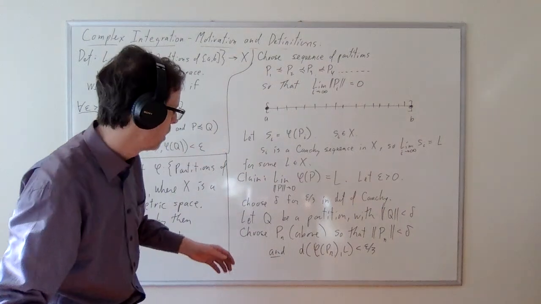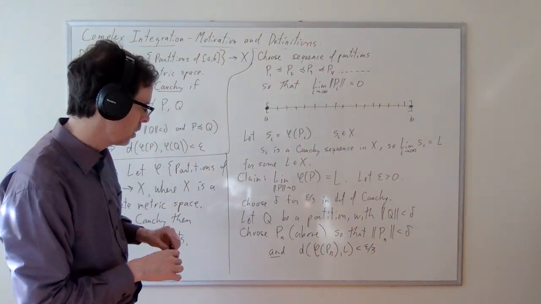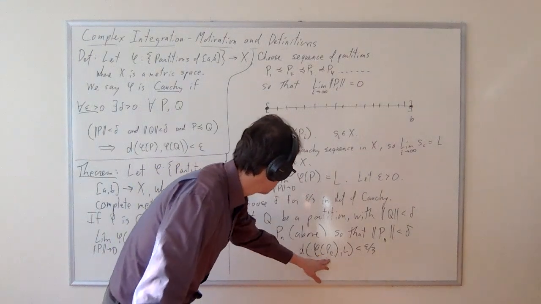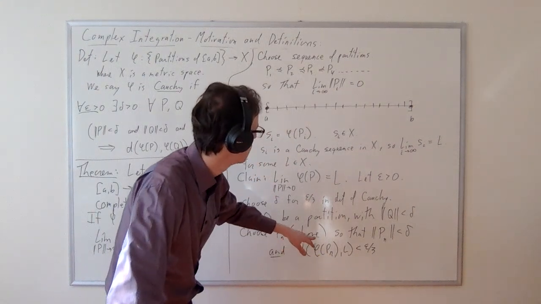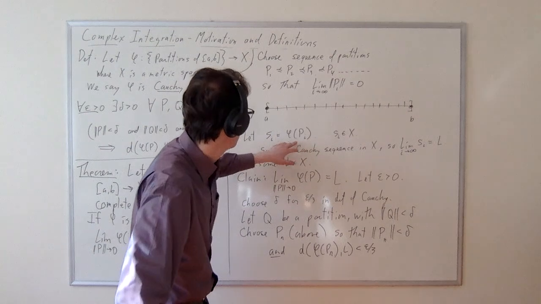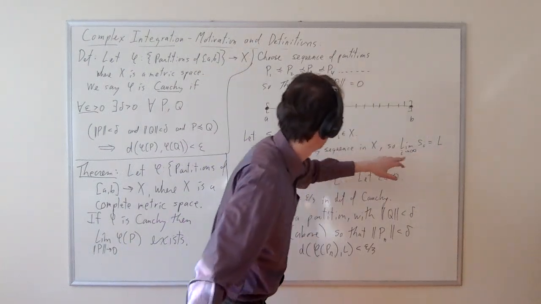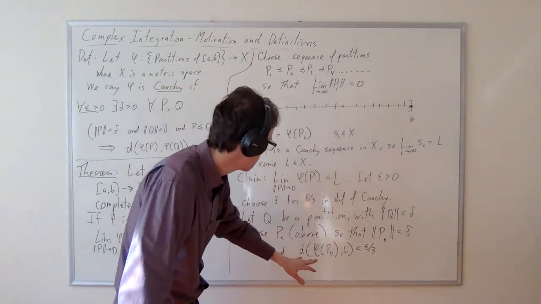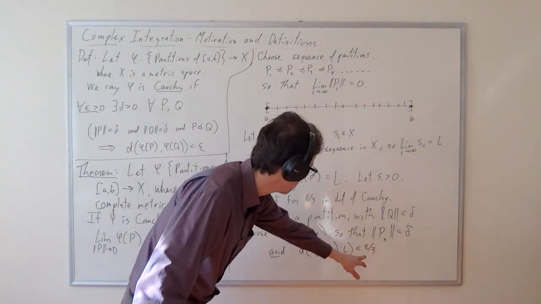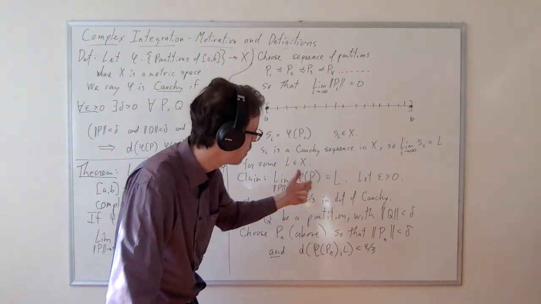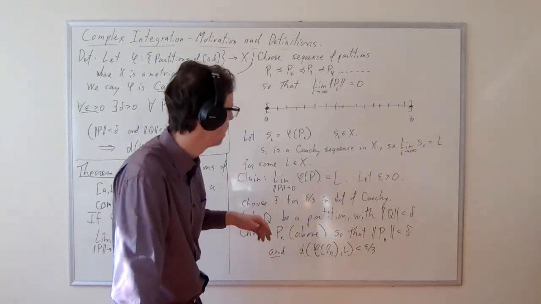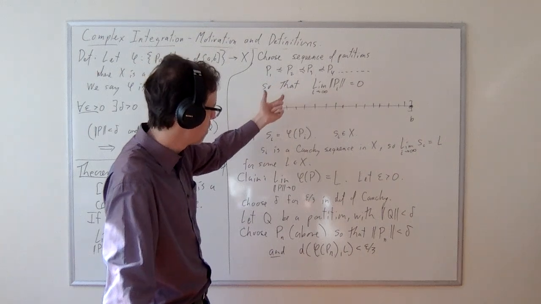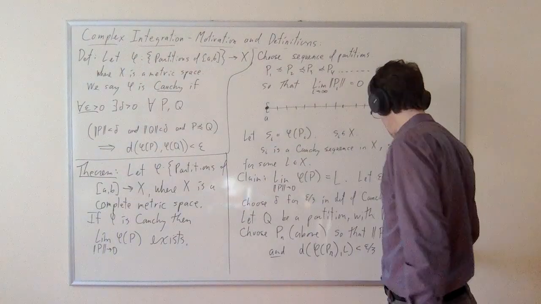Let's talk about whether I can get both. So this condition will eventually be true of the phi of Pn's, right? Because the limit of the sequence is L. I know that from the sequence logic that we started with. So these things will eventually get within epsilon over 3 of L, and then they will remain within epsilon over 3 of L. So if they have norm less than delta at that point, great.